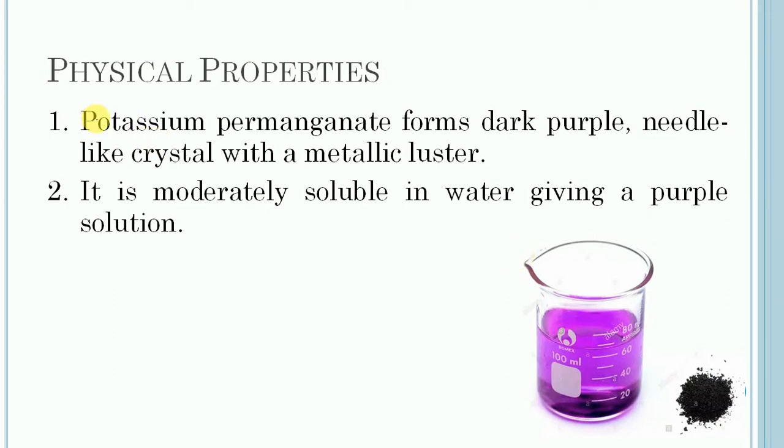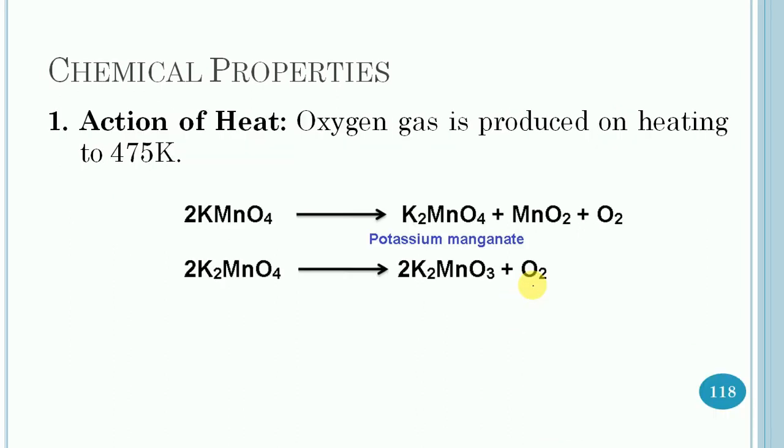Then physical property. Potassium permanganate forms dark purple needle-like crystals with metallic luster. It is moderately soluble in water, giving purple solutions. Then chemical property. The first one is the action of heat.